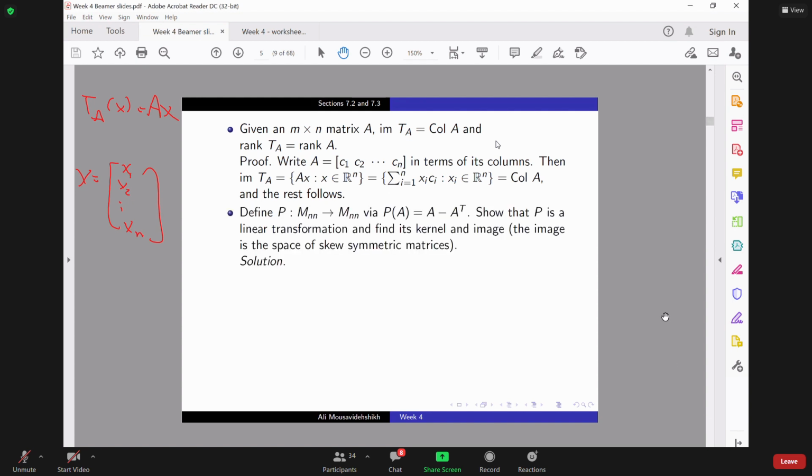If we define P to be the linear transformation that sends n by n matrices to n by n matrices, it sends A to A minus A transpose. We've already seen that this is a linear transformation. I did this before. What do you think its kernel is? What are the matrices that under this linear transformation will go to the zero matrix?